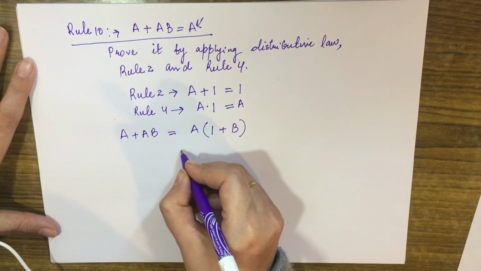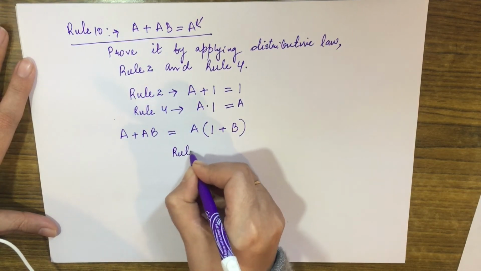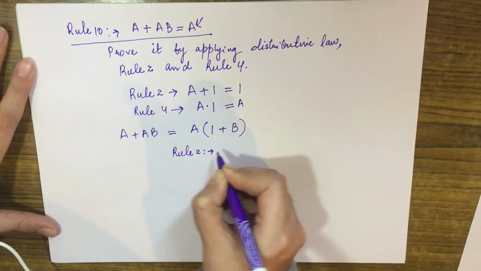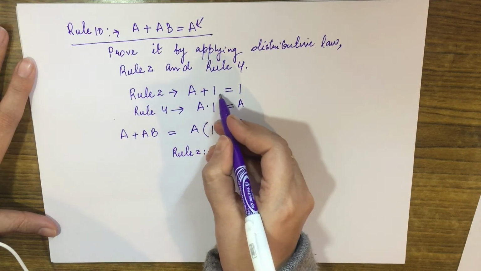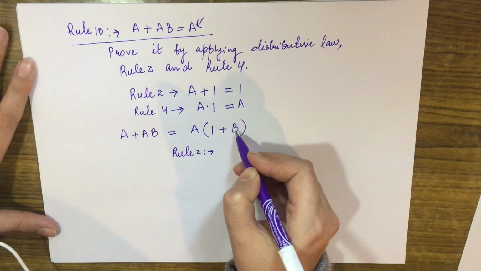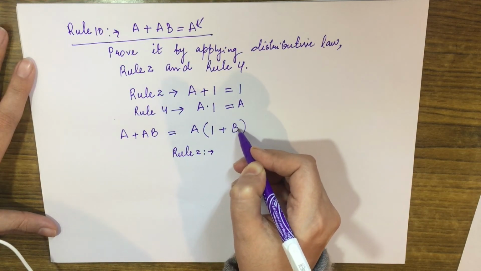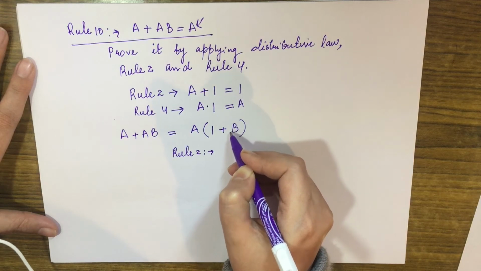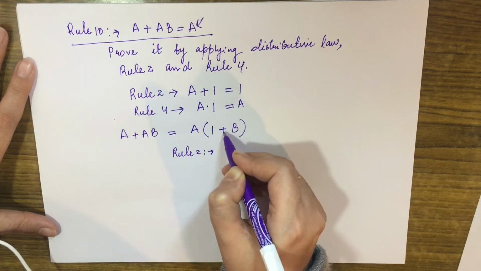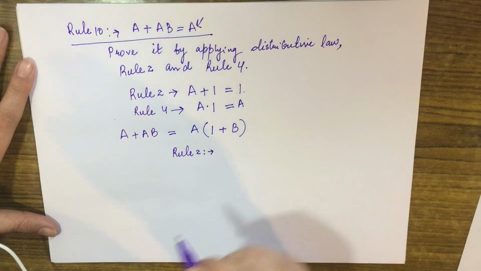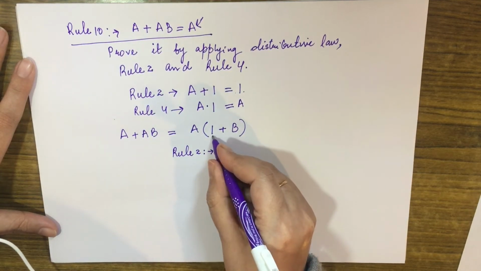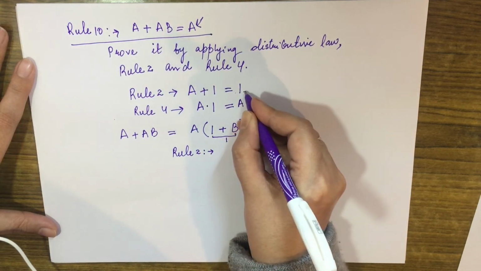So now we will apply rule 2. Rule 2 is a or 1 is always equal to 1. Here we have b; this is a variable, and the name of the variable can vary. Whatever the variable is, if we OR it with 1, it will always be equal to 1. That means this will be equal to 1 according to rule 2.